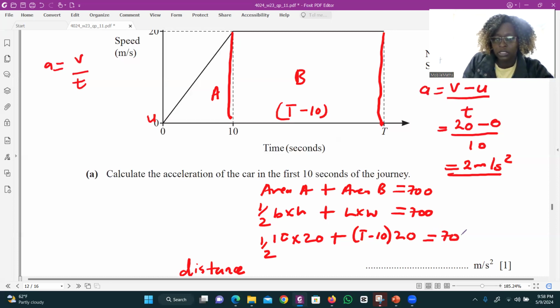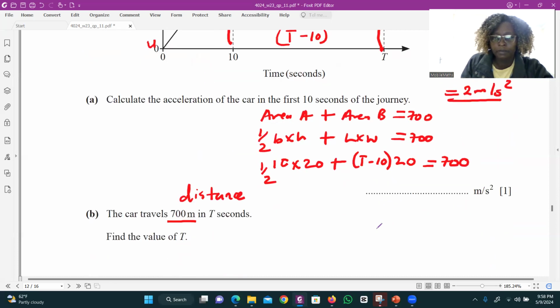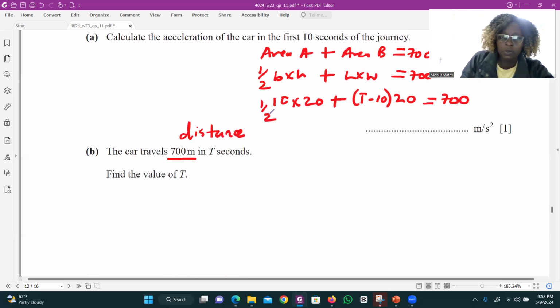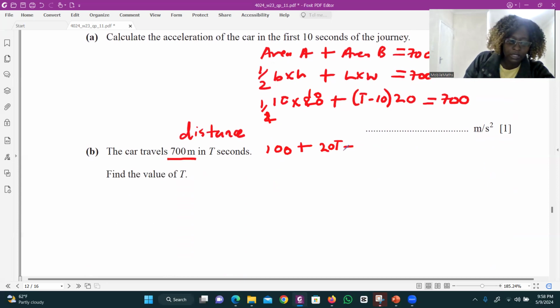So let's solve this part here. I can have 2 here goes into 10. So I have 10 times 10, that's 100, plus 20t minus 10 times 20. What do we get? 10 times 20, that's 200.